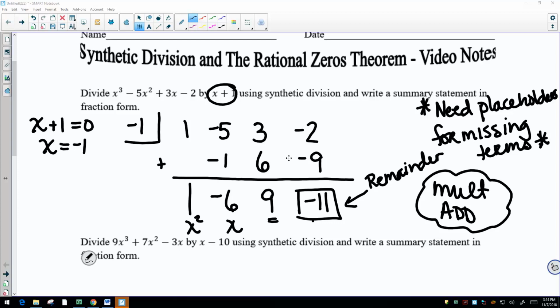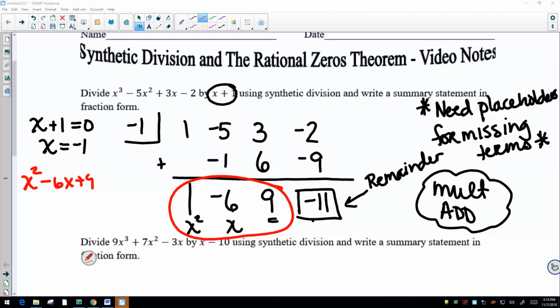Okay? So if we were to write this, now they're saying write our answer in fractional form. Okay, well, our answer would be, this would be like if we did long division, this information down here on the bottom is like the number on top of the house, that's your quotient. So our answer in fractional form would be x squared minus 6x plus 9.